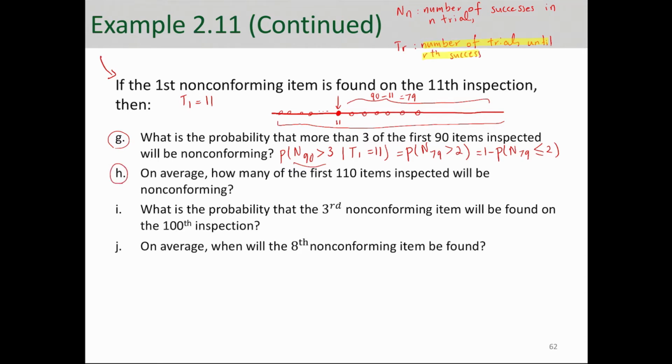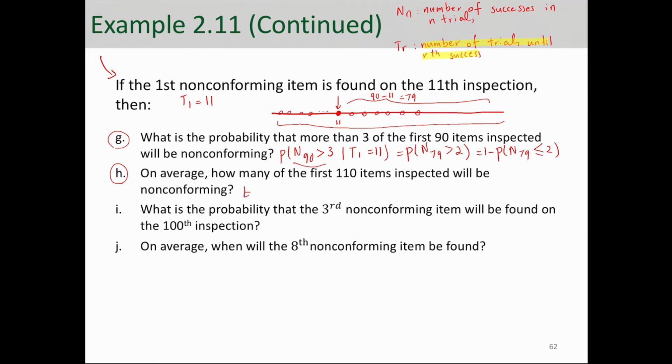Part H, on average, how many of the first 110 items inspected will be non-conforming? Again, looking at these two definitions, this is binomial. On average, how many successes in 110 trials? The number of successes in n trials.